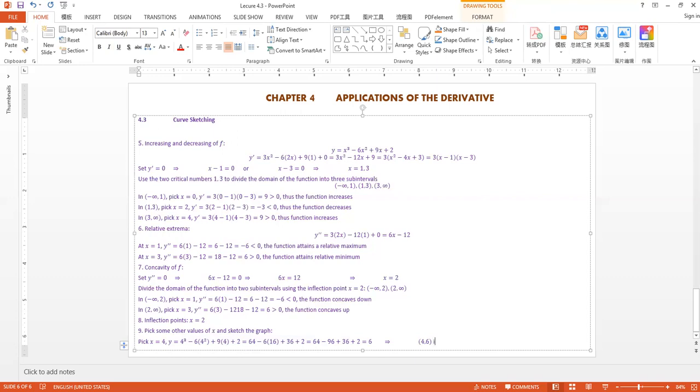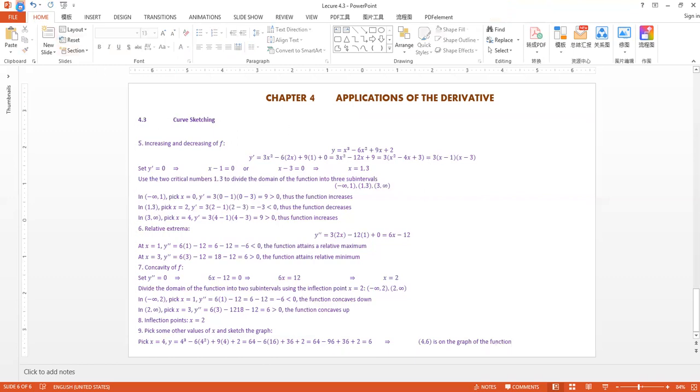That's just some extra point we need to draw the graph of the function.